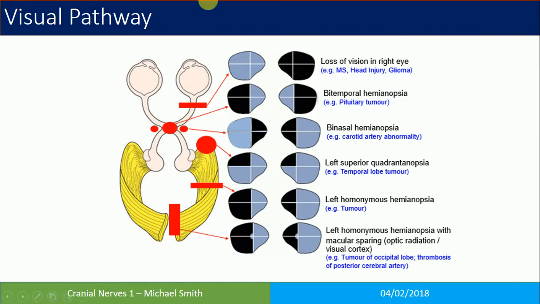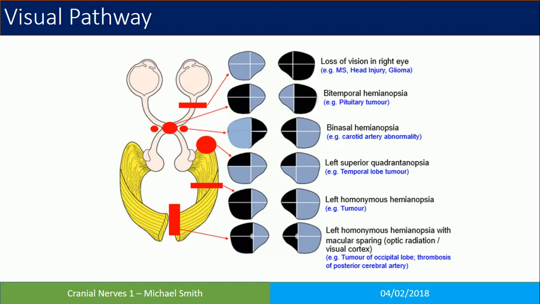So from our optic radiations, these fibers will fan out, and we have this splitting into an inferior part and a superior part. Now, our inferior part will carry the information from the superior part of our visual field, and the superior part carries the information from the inferior part of our visual field. So much like all the other information so far, it's all crossed over.